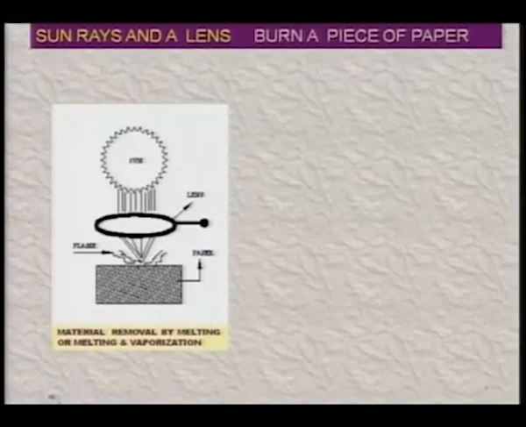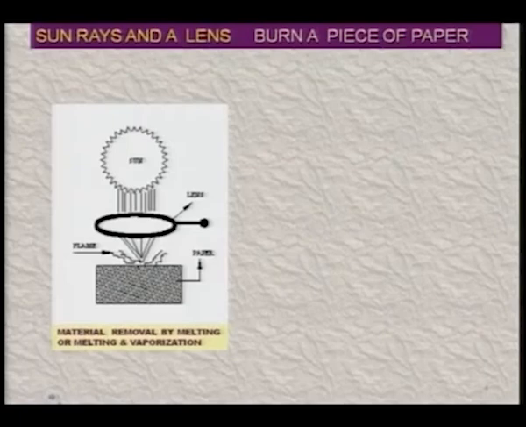Especially when the sun is bright, you will find that after some time the piece of paper starts burning. What is going on? That means you are utilizing the sun rays which are concentrated at a small point, and the heat intensity at that particular point is so high that it starts burning the piece of paper.